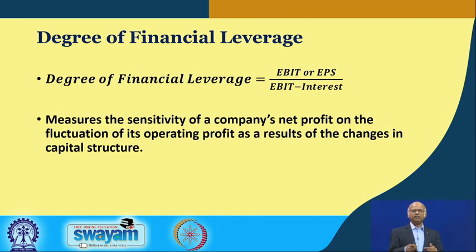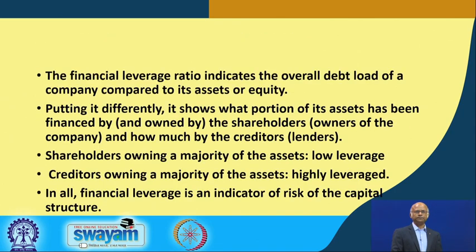So, it measures the sensitivity of a company's net profit to fluctuation of operating profit as a result of changes in capital structure, meaning if the loan component goes high, your interest will be high, so your net profit will be low. Whereas, if your capital structure is such that you have a low debt equity ratio, for an increase in sales, your profit will be more substantial compared to a high debt equity ratio.